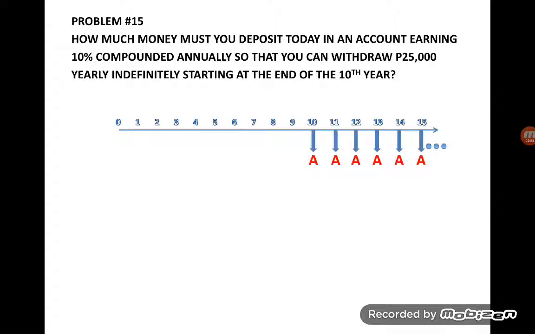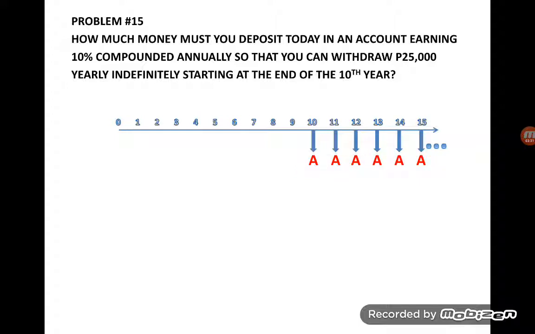So at the end of the 10th year, you wish to withdraw 25,000 indefinitely from that bank. So you need to deposit some amount of money here and then withdraw that starting at the end of the 10th year until infinity.